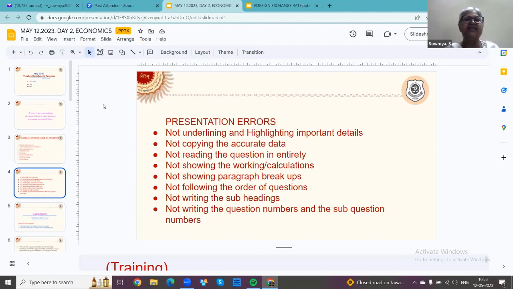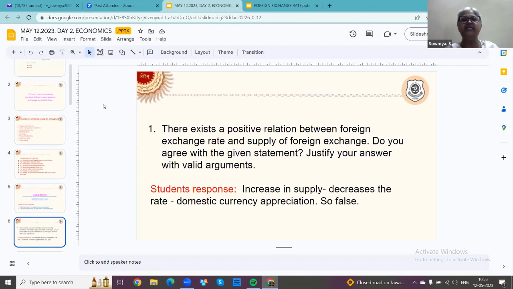For example, I can just show you something here. Look at this one. There exists a positive relation between foreign exchange rate and supply of foreign exchange. Do you agree with this given statement? Justify your answer with valid arguments.